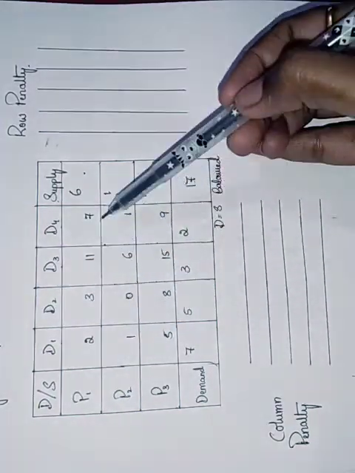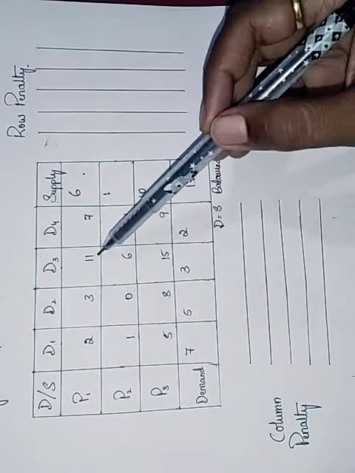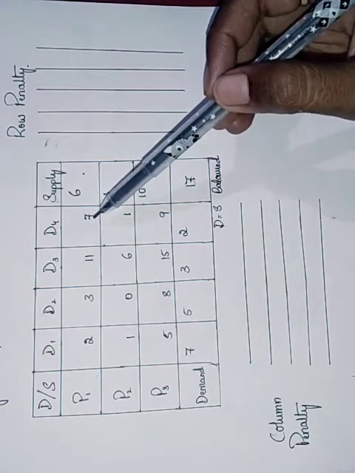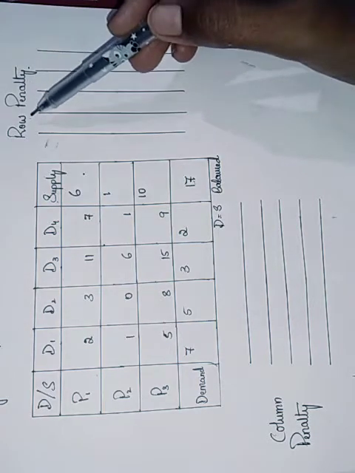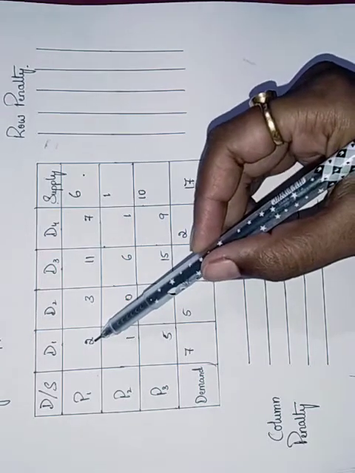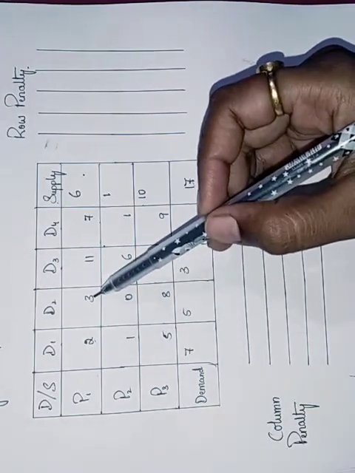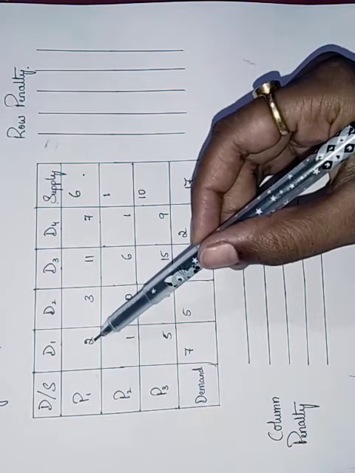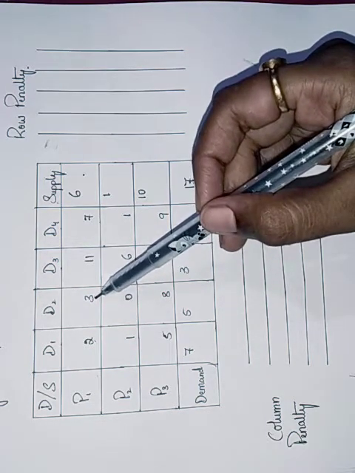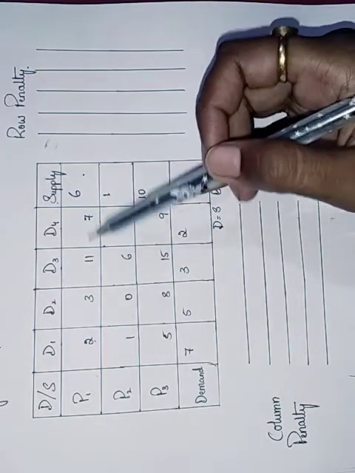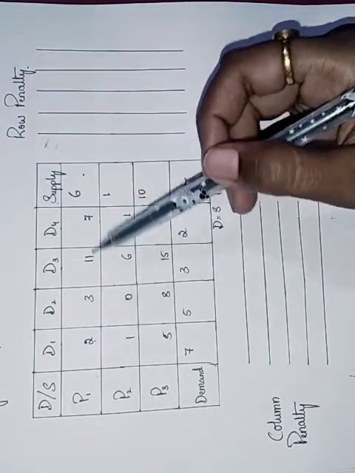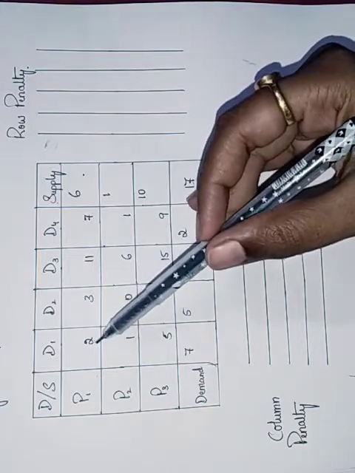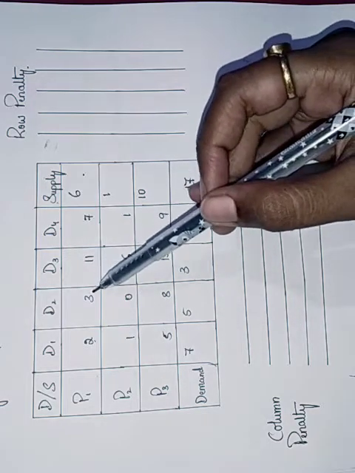Plant 1 is the first row, and 2, 3, 11, 7 are the costs. In order to identify the row penalty, we need to compare the least cost along with the next least cost. Here the least cost is 2 and the next least is 3, and 11 and 7 are much greater than 2 and 3.